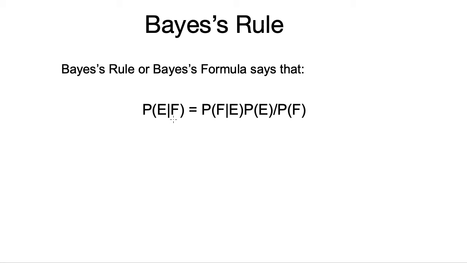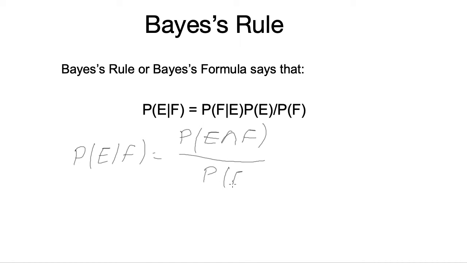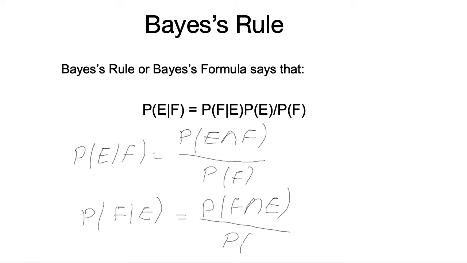It says that the probability of E given F is equal to the probability of F given E times the probability of E divided by the probability of F, and it comes from the conditional probability that we know: the probability of E given F equals the probability of E intersection F divided by the probability of F. Also, the probability of F given E, where we switch E and F, equals the probability of F intersection E divided by the probability of E. So this is the conditional probability definition, and from here we can replace these terms.